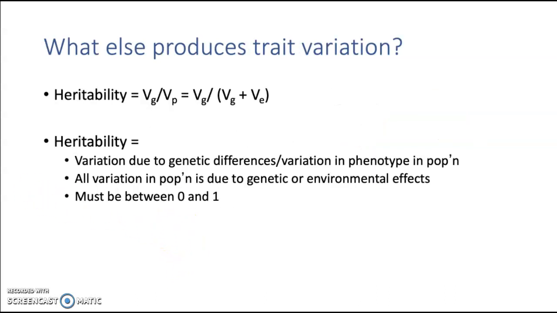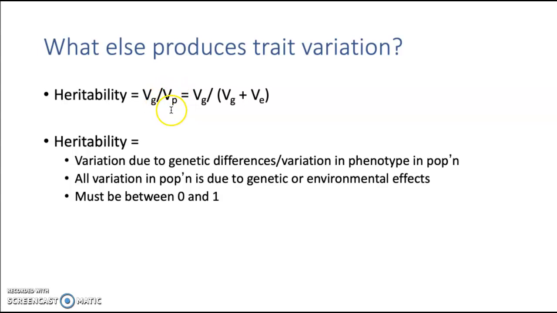So, if we think about what we just did, we're looking at the genetic components of heritability. Heritability here is really this h squared variable that we were mentioning before, is actually a measure of the amount of variation in a trait in a population that's due to genetic differences divided by the total phenotypic variation.